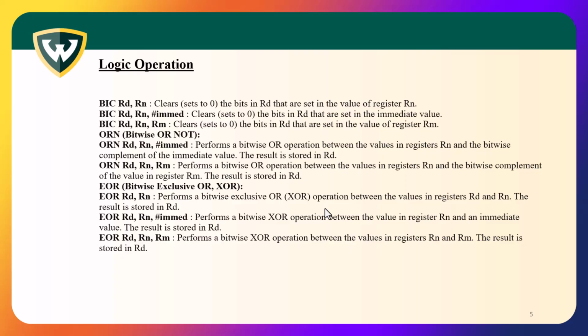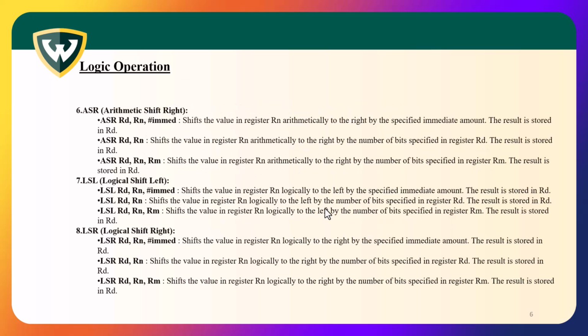ORN operator, bitwise OR NOT. This can also be operated with 2 operands and 3 operands. And there is another one called EOR, bitwise exclusive OR, XOR, as you can call it. It also has 2 operands and 3 operands, and then there is ASR, arithmetic shift right.